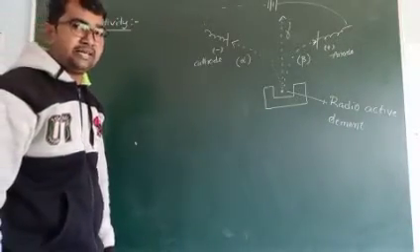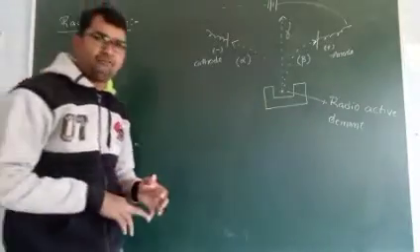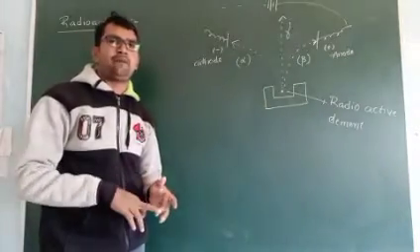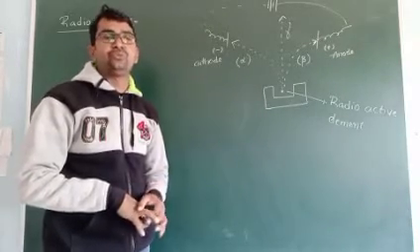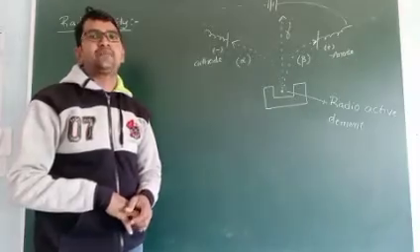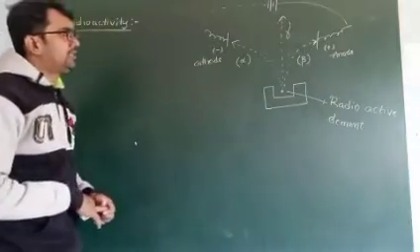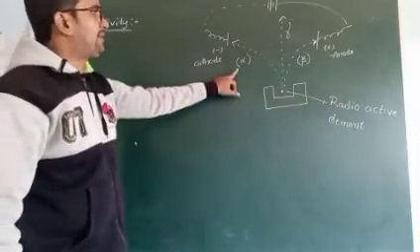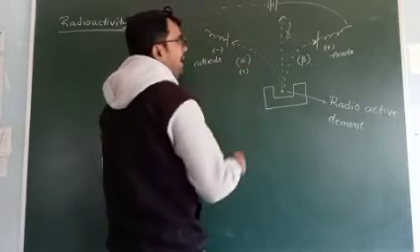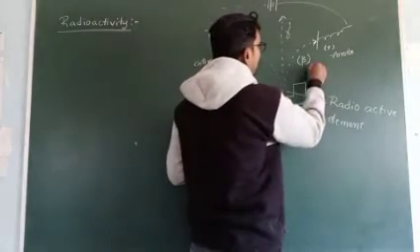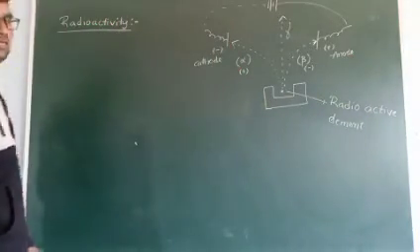Very important and very interesting. Alpha, beta, gamma: these three are radioactive radiations. They are produced from radioactive elements. Alpha particles carry positive charge, beta particles carry negative charge, and gamma particles are neutral.